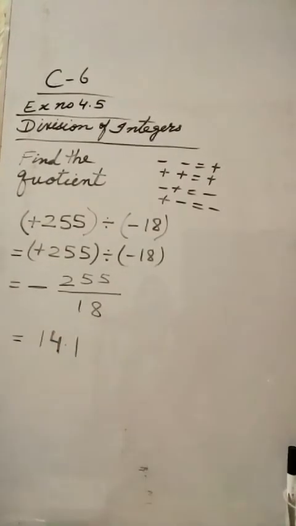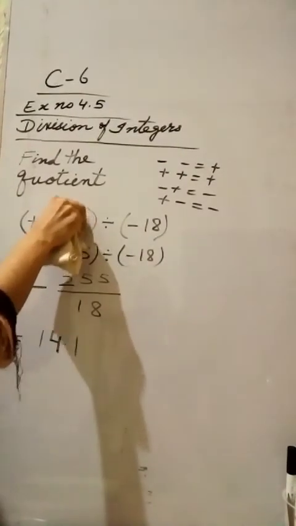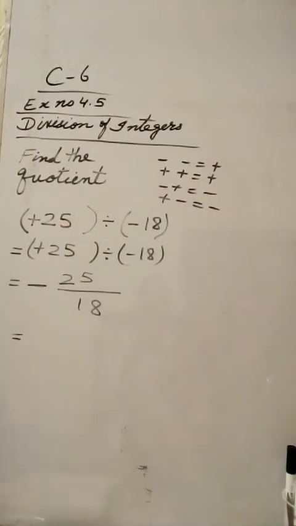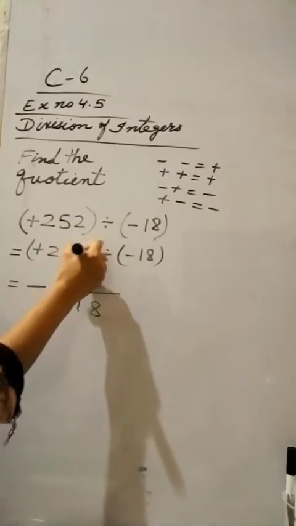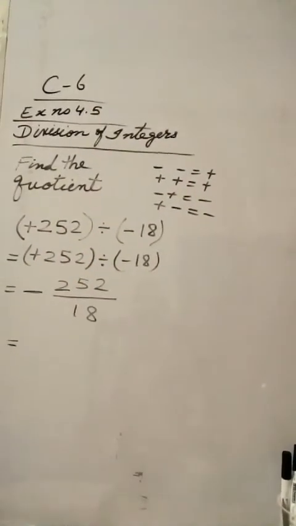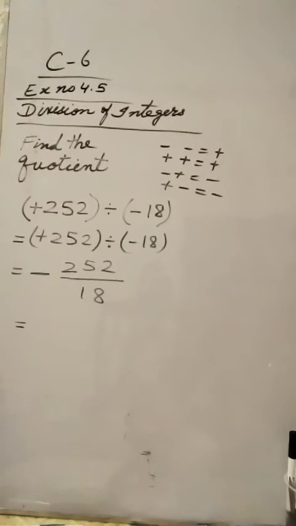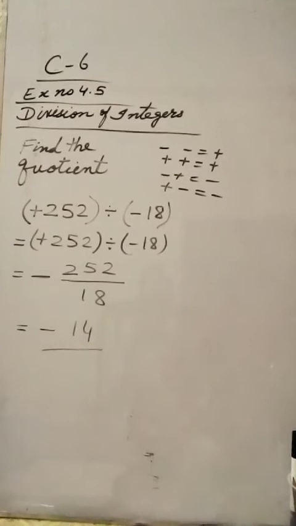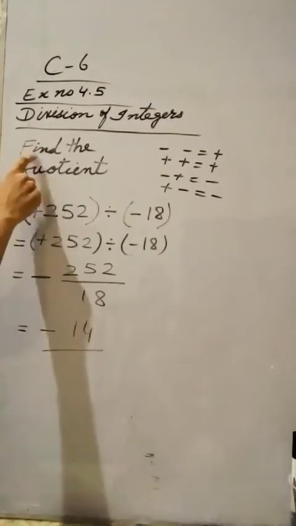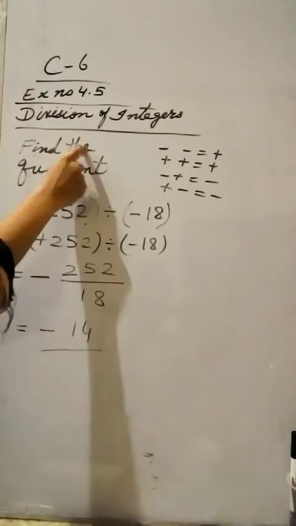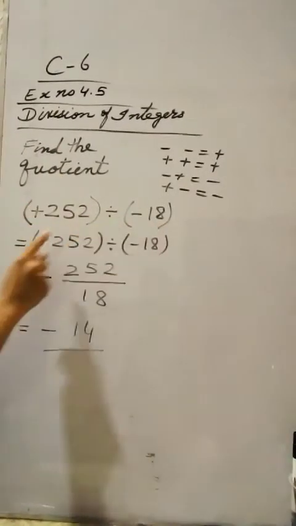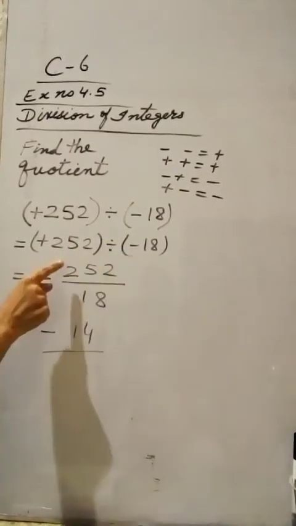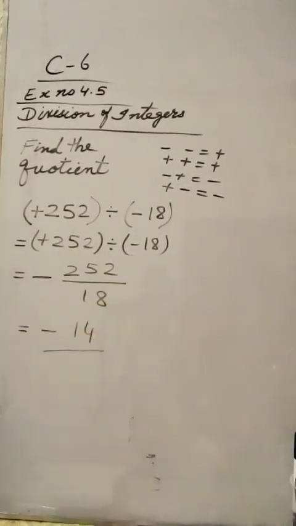But I am changing this question to a whole value. If I write 252 and then divide it, 252 divided by 18, then we will get a natural number or whole number, and the answer will be minus 14. Draw the ending line. See, when the question is find the quotient, solve the sign first, plus minus minus, then write your question in fractional form. 252 divided by 18, and the answer is 14.